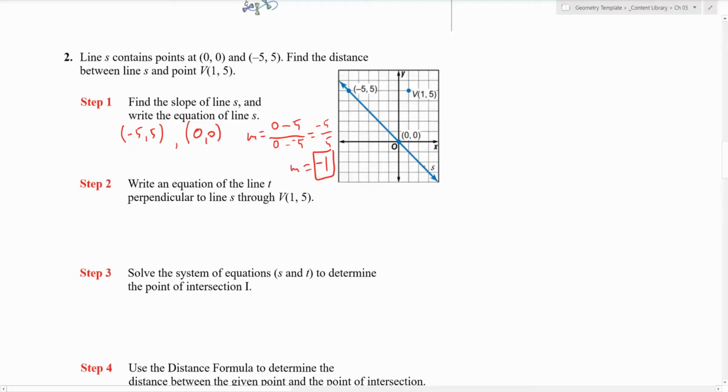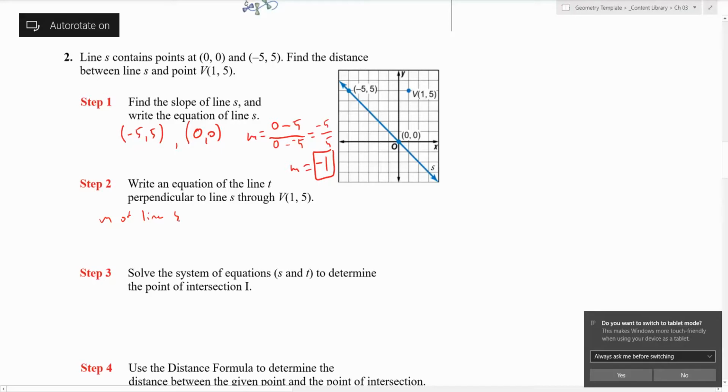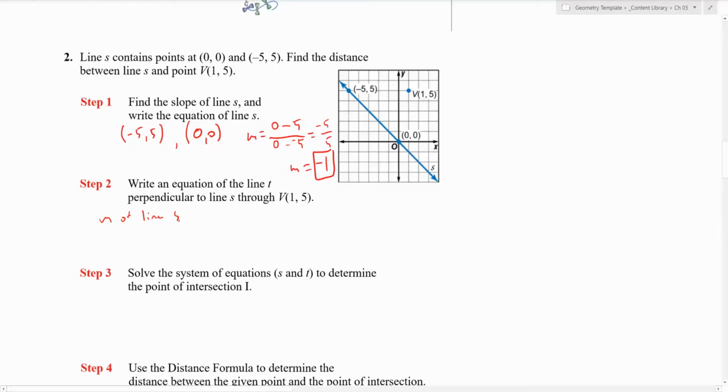Now let's write an equation of the line T that is perpendicular to line S through (1, -5). Perpendicular to line S means that its slope is the negative reciprocal. I'm going to take off the keyboard here. Yeah, I'm going to go to tablet mode. Why not, right?